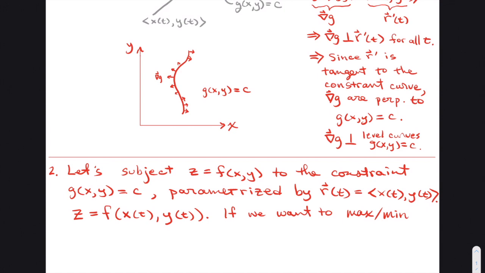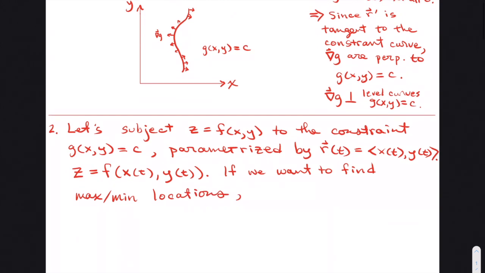And maybe I should say, if we want to find max-min locations, we can take a derivative. Now this would be an ordinary derivative, because there's really only one independent variable.